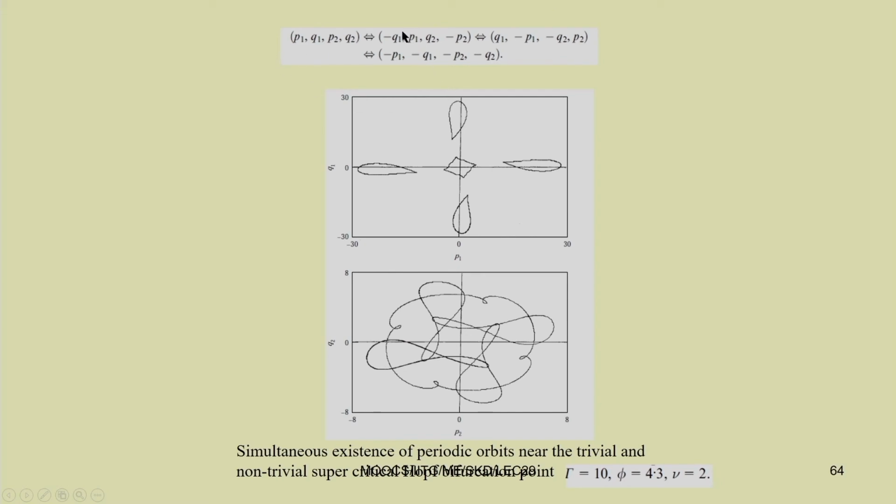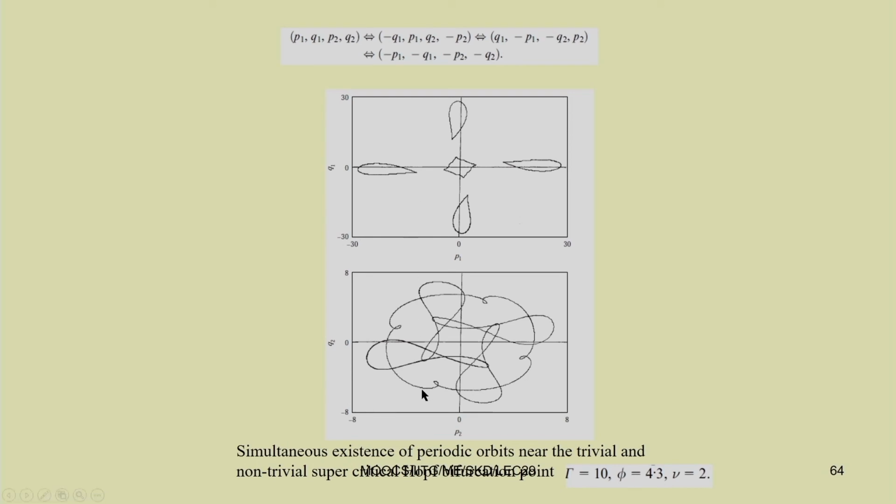If you have a square term, then Q1 squared and minus Q1 squared will be the same. That is why, due to these terms in the reduced equation, it is invariant under this transformation. As it is invariant, you can have 4 different types of response. These are the 4 symmetric responses present in the system.